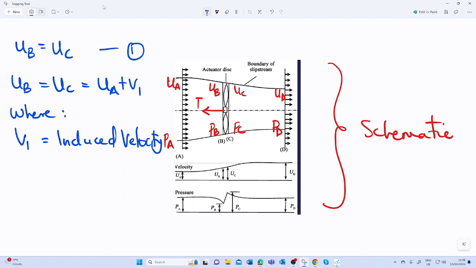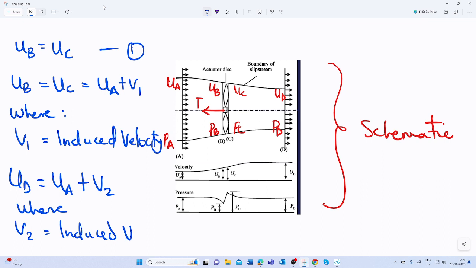Also, UD equals UA plus V2, where V2 is the induced velocity at D, and V1 is the velocity induced at the section of the rotor, which is BC.